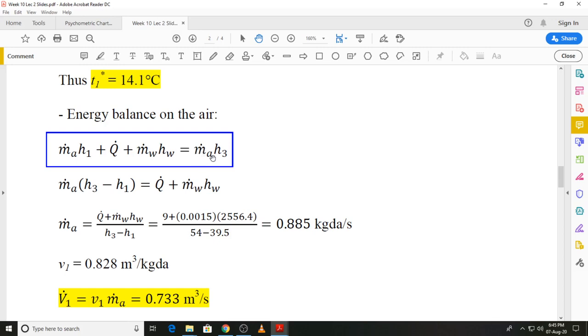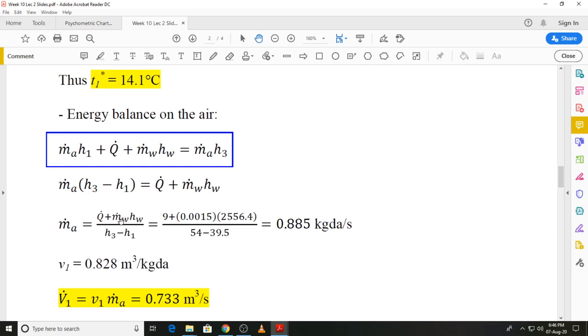So you will have m dot a h3, and what you can do is take m dot a h1 onto the other side, take m dot a common, and you will get m dot a into h3 minus h1, and on the other side of the equation we will have q dot plus m dot w hw. Then we can easily find the mass flow rate of dry air, that is kilogram dry air per second, by this equation. And in this equation, q dot, as I mentioned earlier, is given to us.